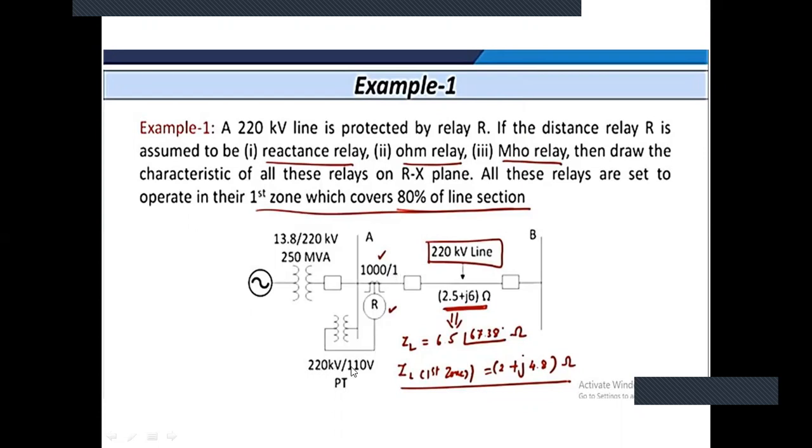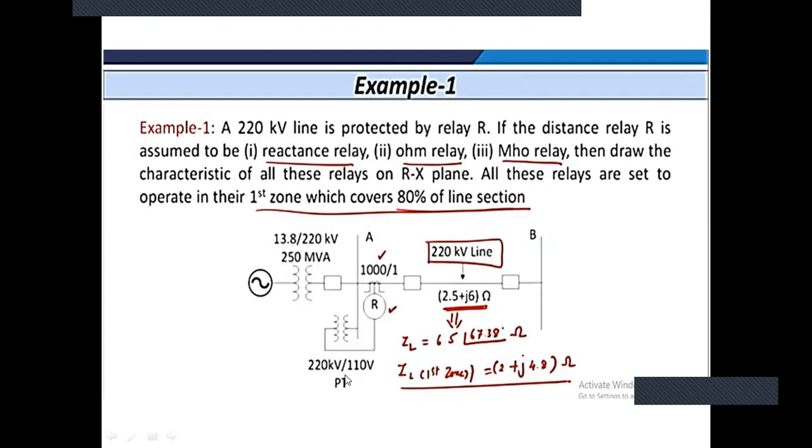And one more thing, for all types of relay characteristic, reactance, ohm and Mho, the relay has to operate in its first zone, which covers 80% of the line section. So with this background, let us solve the example.